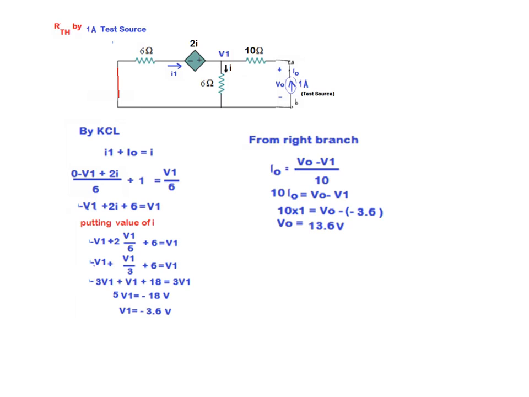If you take this terminal, I naught can be written as V naught minus V1 divided by the resistance 10 ohm. So from here you can find V naught to be 13.6 volt. Now if you have found V naught and you know already I, so R Thevenin is found by V naught over I naught to be 13.6 ohm.